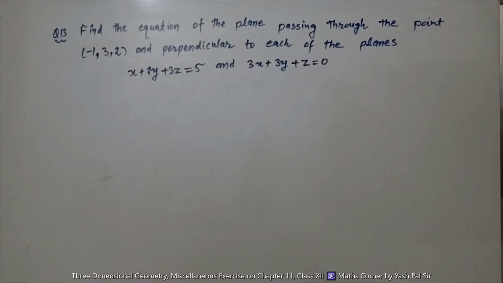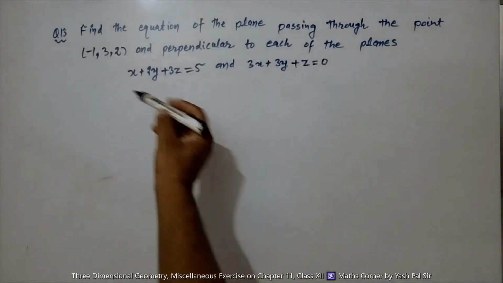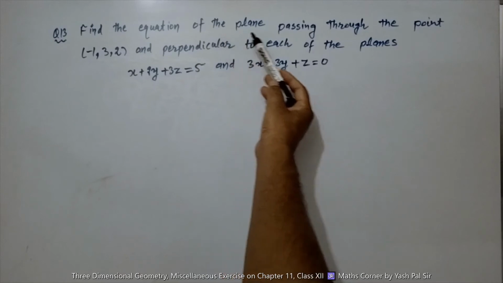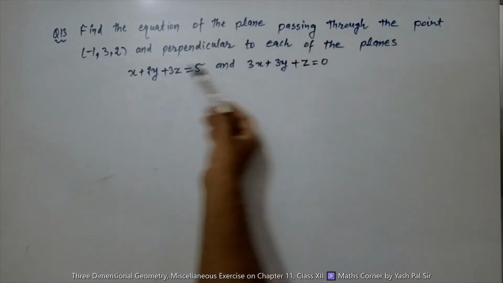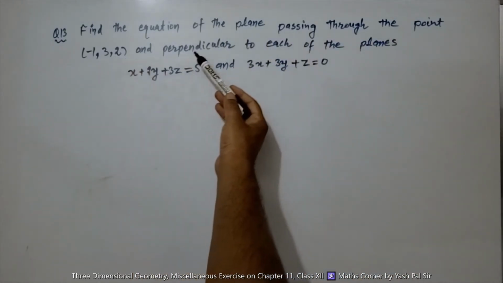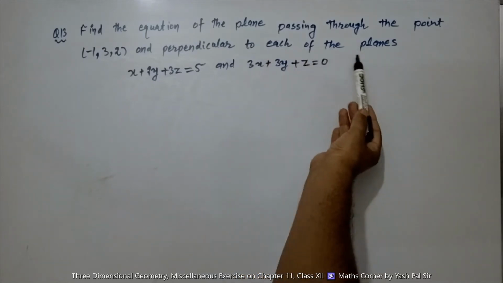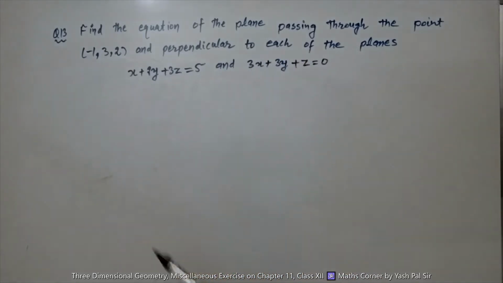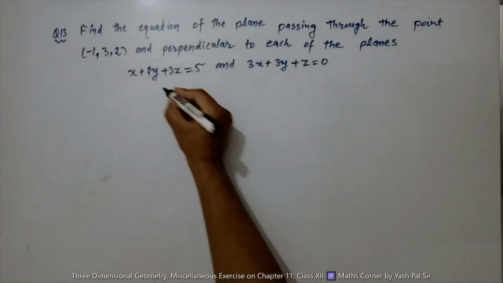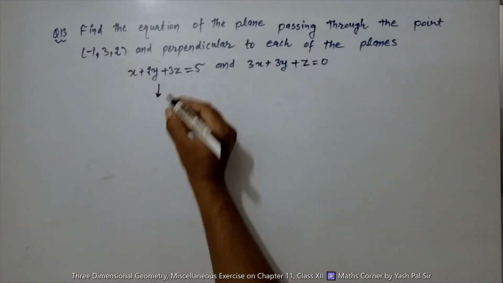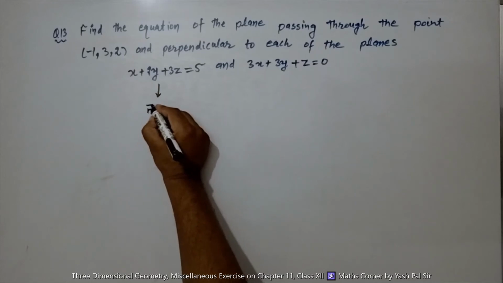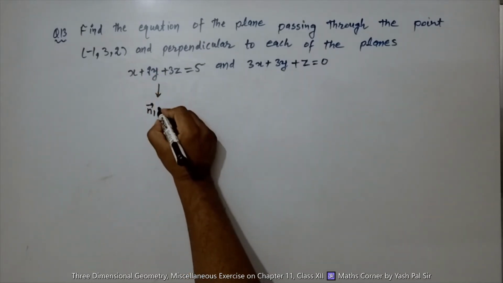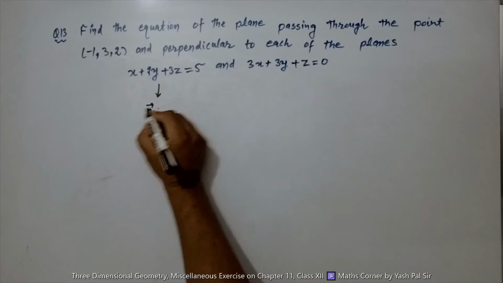Question number 13. This is a very interesting question, so watch this very carefully. Find the equation of the plane passing through the point (-1, 3, 2) and perpendicular to each of the planes. This is the first plane, this is the second plane, right? So here, from this first plane, what is the normal to this plane?